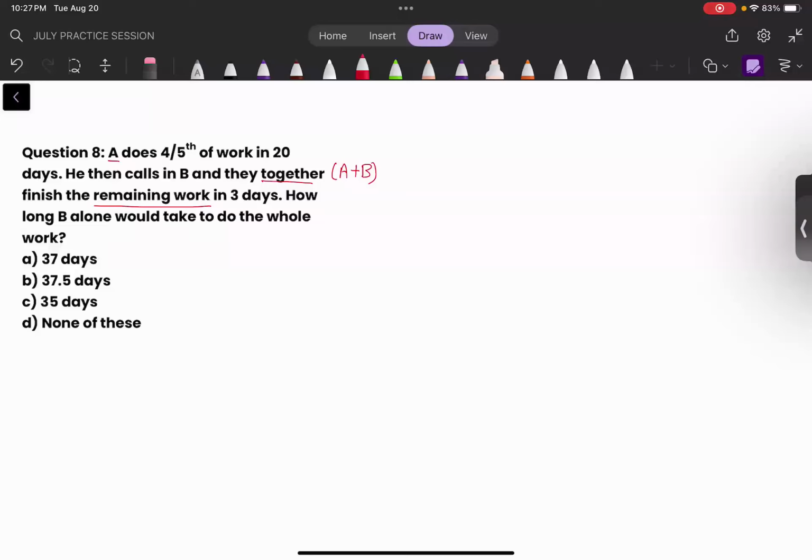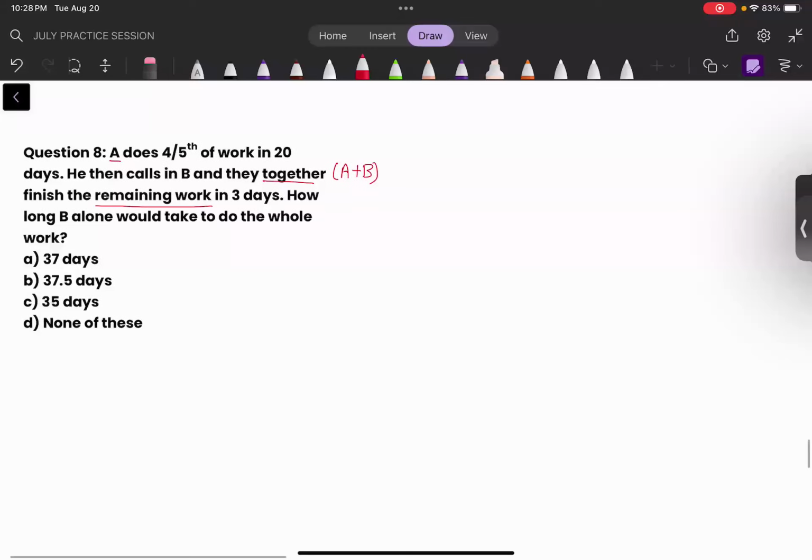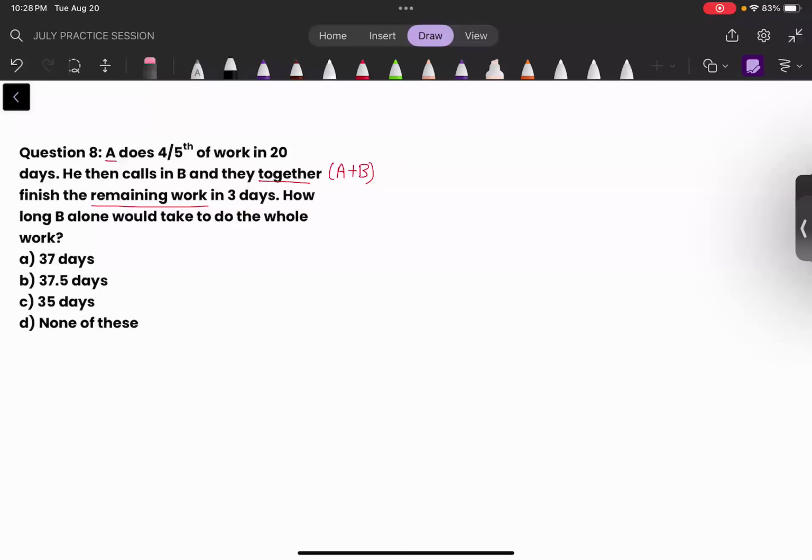A has completed 4/5. How much is remaining work? Please answer. 1/5. 4/5 is done, so 1/5 is remaining work.